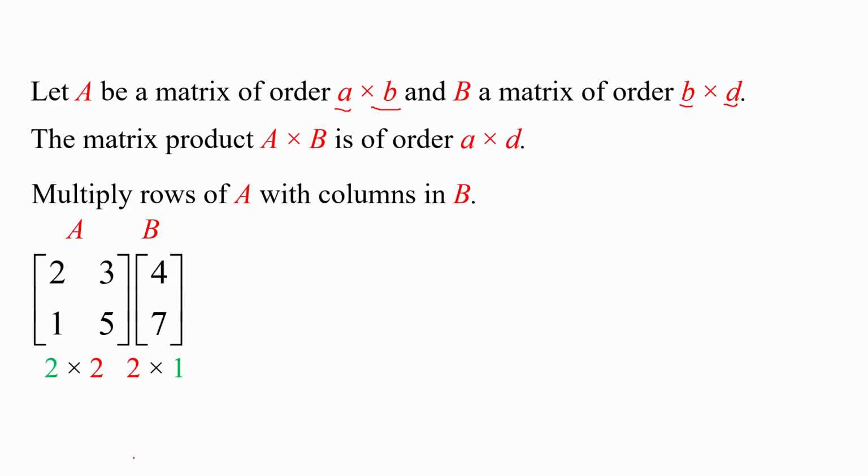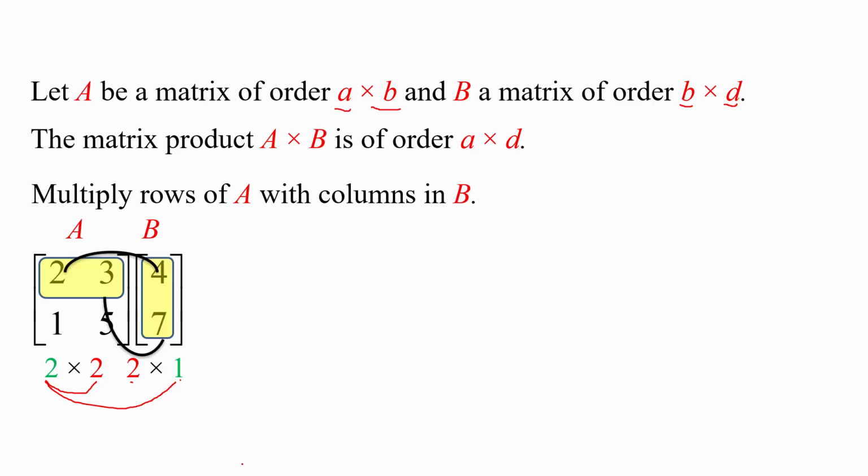Here we have our two matrices, A and B. Matrix A is of order 2 by 2. That means it has 2 rows and 2 columns. And matrix B has 2 rows and 1 column. That means the solution will have 2 rows and 1 column. So we begin by taking the first row of matrix A and the column of matrix B and multiplying the elements in each row and column.